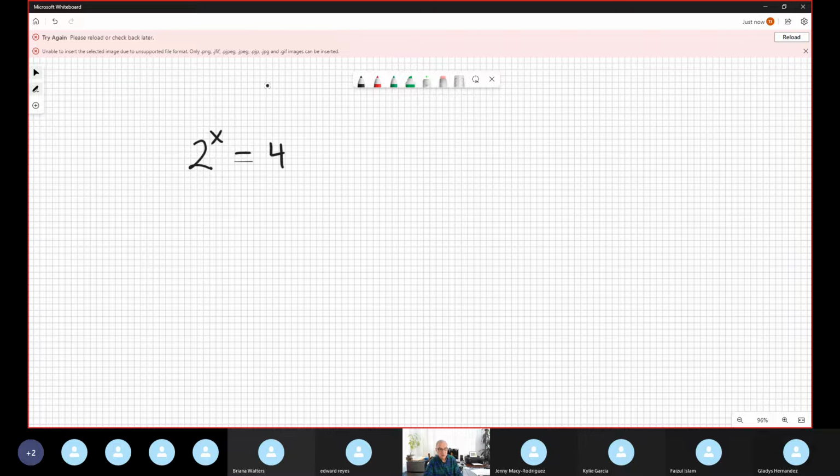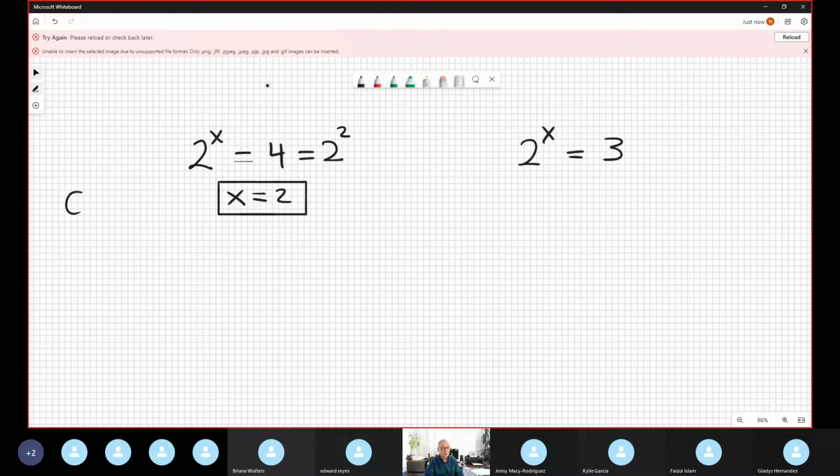Pretty easy. And 2 to the x equal 3 is super complicated, right? Because this one is easy, because I know 4 is 2 to the second, therefore x is equal to 2. This is the easy way, using a common base. However, it's impossible doing this example in this direction.